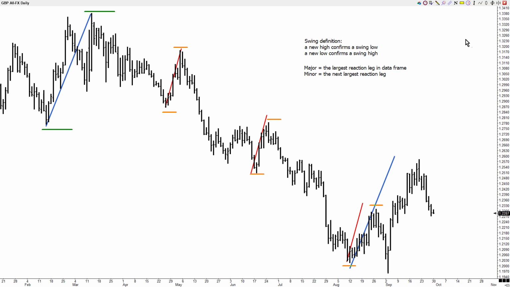So this will become our last swing broke. And what do we do? We turn around and we follow that the other way.